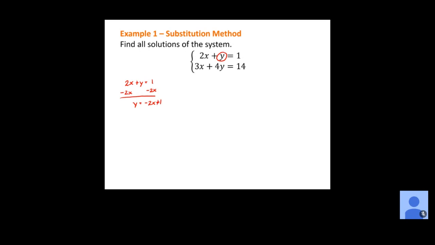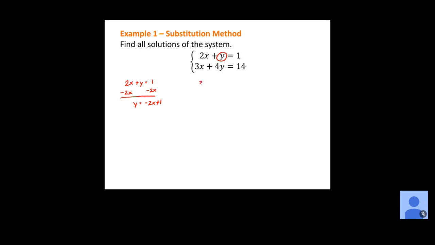Again, it does not matter which variable you solve for first or which equation you start with, but I always look for the one that looks easiest to solve for. Now that we've got that, we're going to take that value for y and substitute it into the other equation. That's the key: it has to go in the other equation.